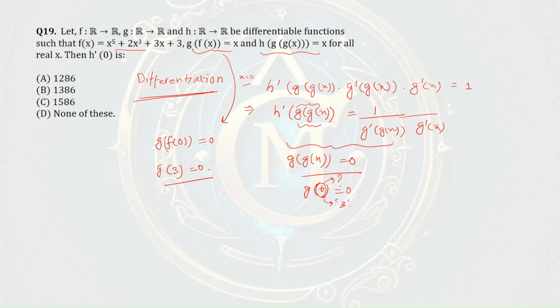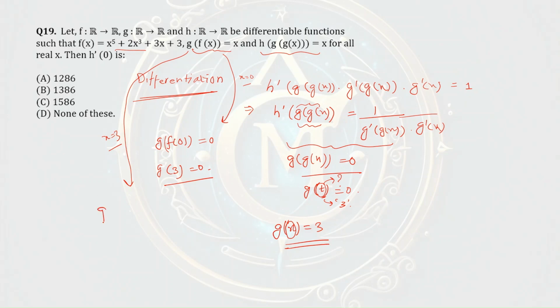So now we assumed t to be g of x. So that means g of x should be 3. Now what should be the x value so that g of x becomes 3? We have to find this. Now again we take the help of this expression. We put x equal to 3 both sides.